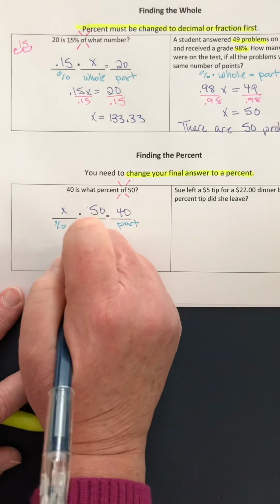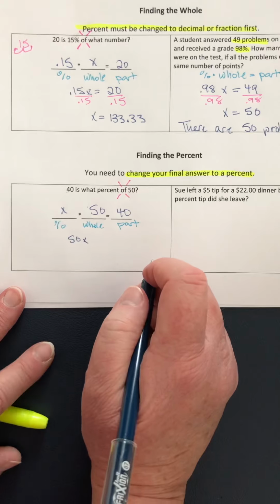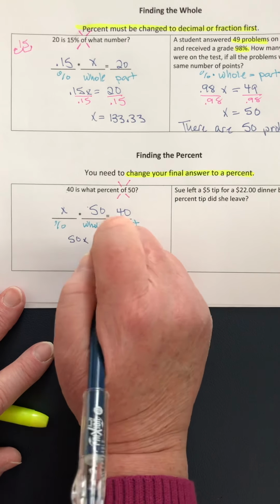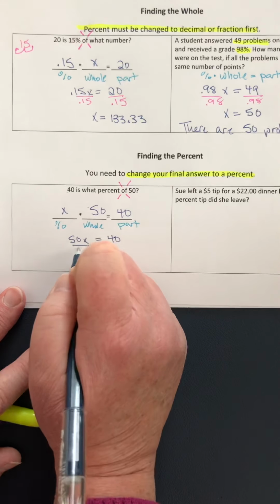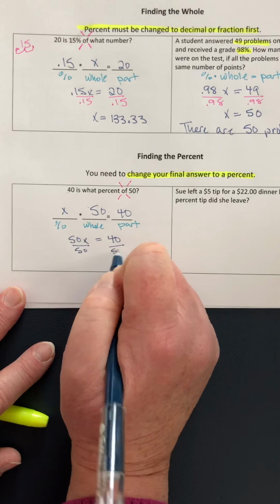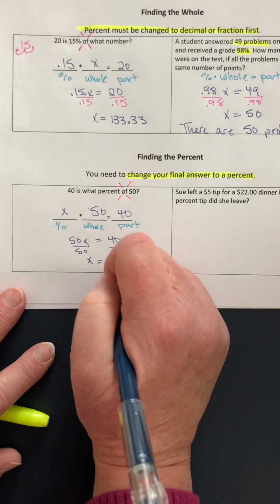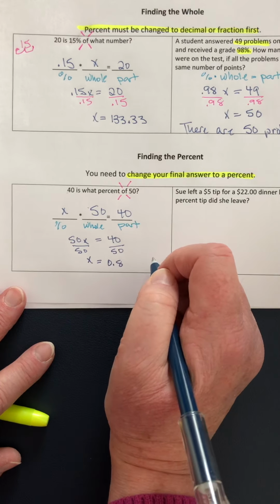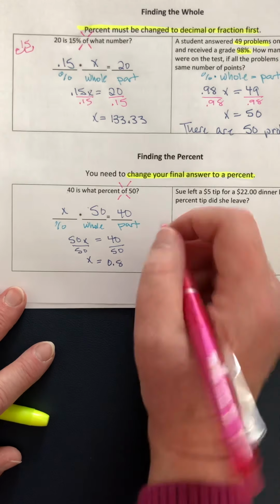So I have 50x, because we always write our variable after the coefficient, equals 40. Divide both sides by 50. Excuse me, x equals 0.8. And here I have to convert my decimal to a percent.